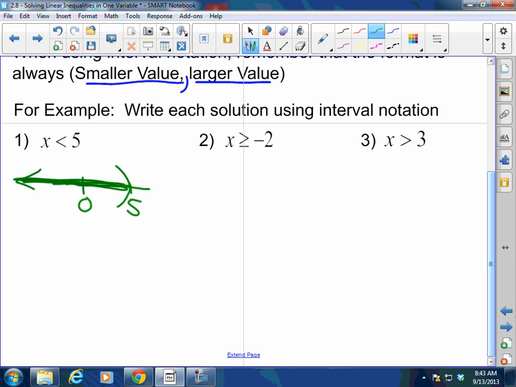Does that little Mickey Mouse part make sense? Okay, now, from there, guys, when I keep going to the left on the negative side, don't I approach eventually negative infinity? So aren't the solutions to this everything from negative infinity, the smaller value first, comma, to 5, the larger value, but 5 is not included, so I encapsulate that with a parenthesis.